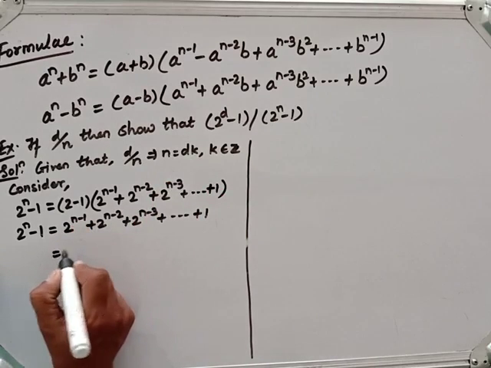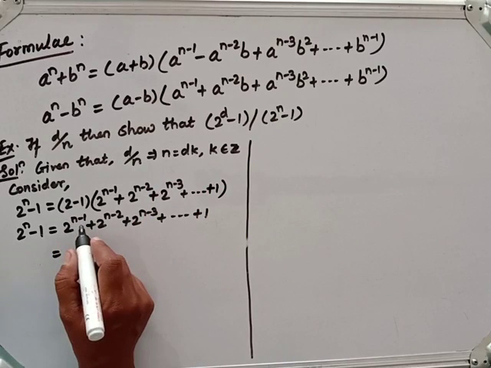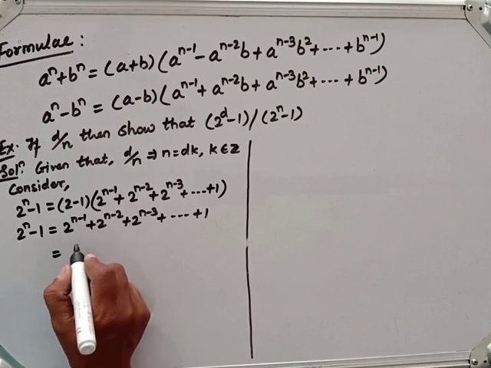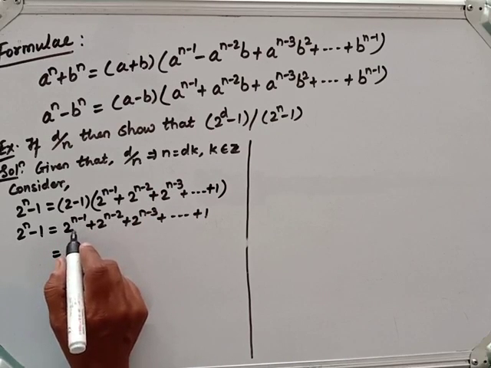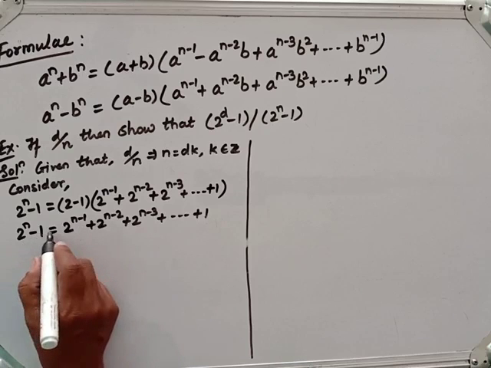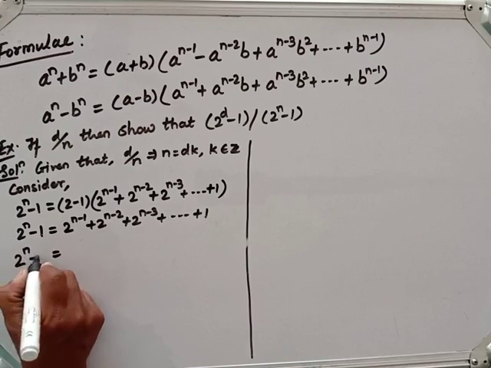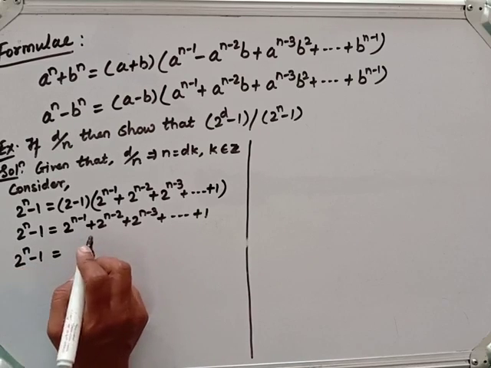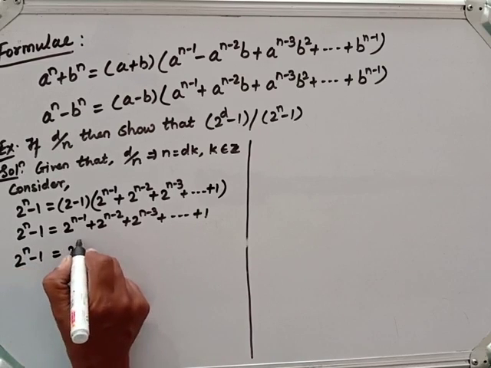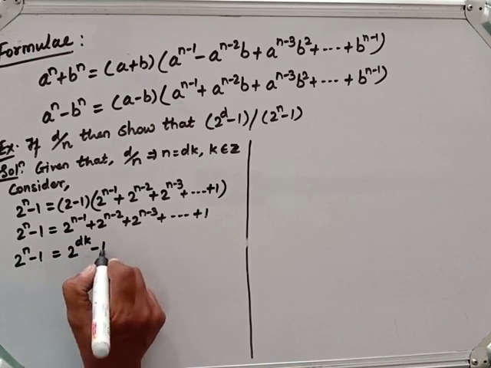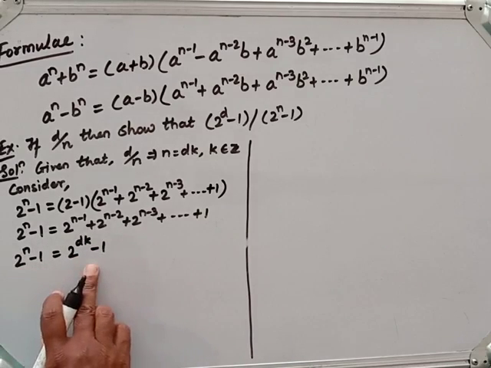Therefore, 2 raised to n minus 1 will become 2 raised to dk minus 1. Let us solve for this.